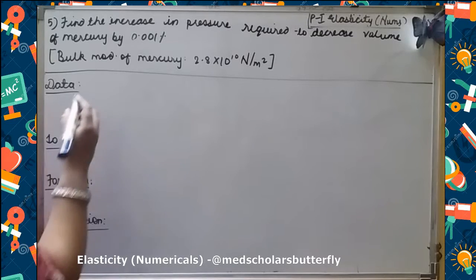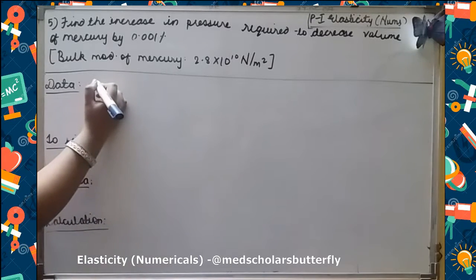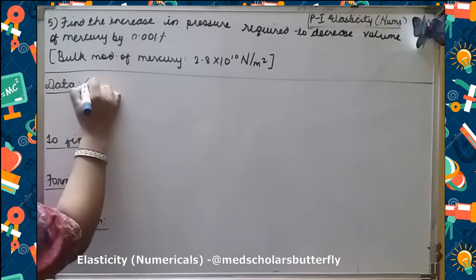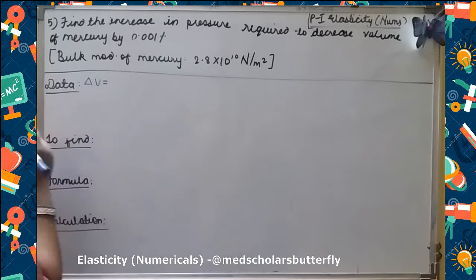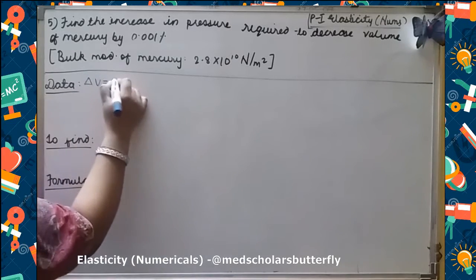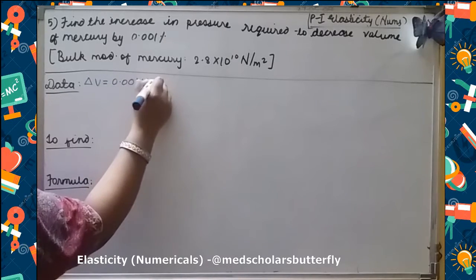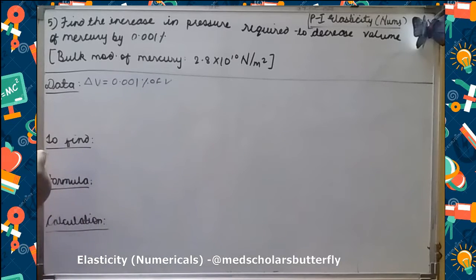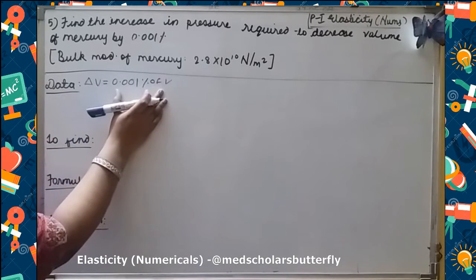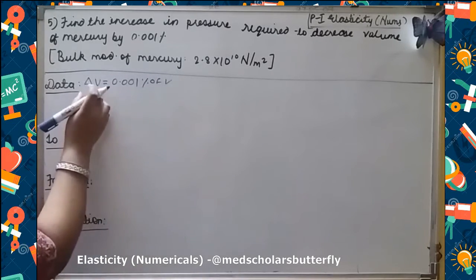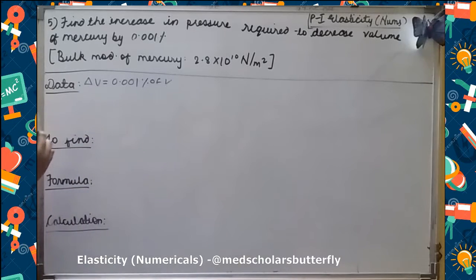First we have to find how much pressure. That means delta V is given to us. % of original value. You have to decrease this much percent of original volume, so you will find how much is the volume.